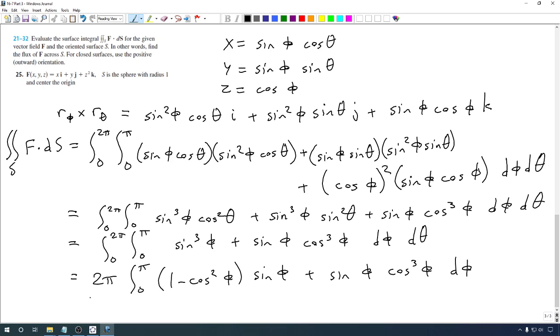Because what I can do now is make the substitution of u equals cosine phi, which means that du is negative sine phi d phi. We have a sine phi here and a sine phi here. Those can both be factored out as part of our derivative. We do have to introduce a negative, but that's okay.